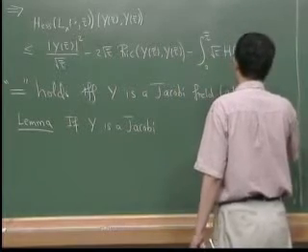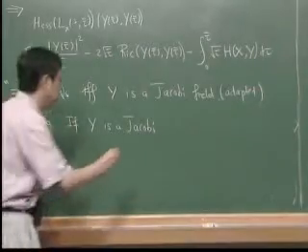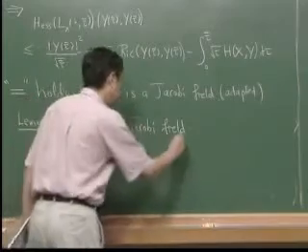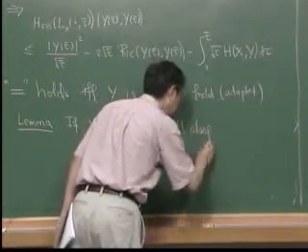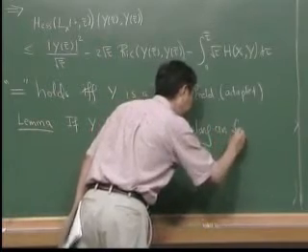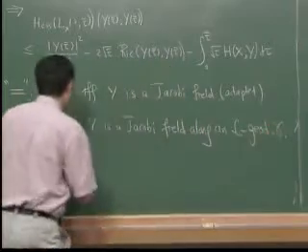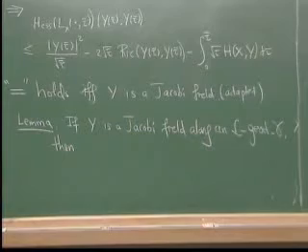To remind you, in this lemma it's not necessary to be adapted, just a Jacobi field. Then along the geodesic gamma, you have the following things.